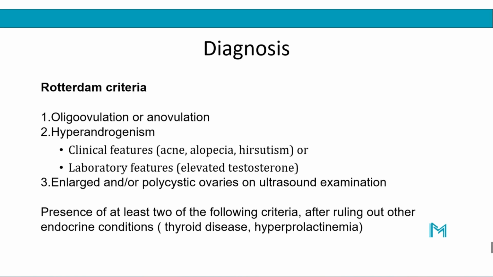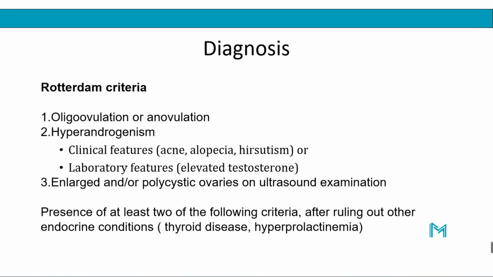But typically, you don't necessarily need to have elevated levels of the hormone to confirm it; the clinical features of hyperandrogenism alone are enough for you to say that there's hyperandrogenism. And then you have your enlarged or polycystic ovaries, which can be evident on ultrasound.